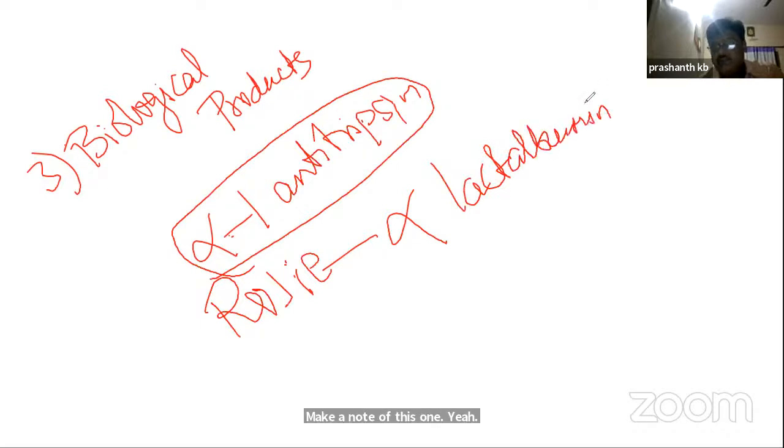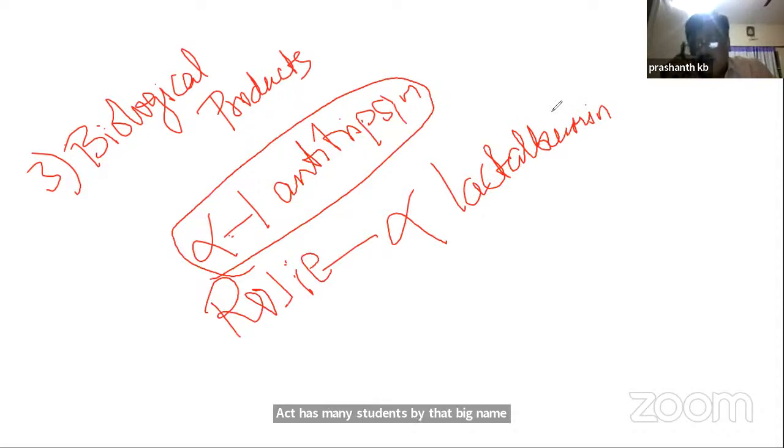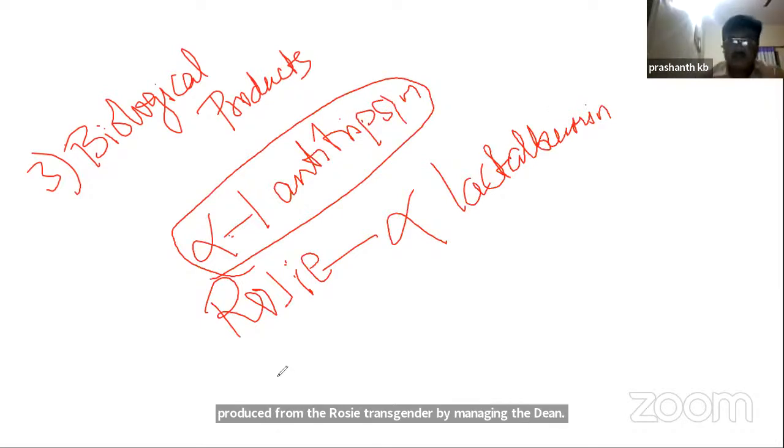This is a milk protein. Normally, alpha-lactalbumin is produced in the milk by a pregnant or newly delivered woman who is breastfeeding. Now, this same alpha-lactalbumin protein was produced by the Rosie transgenic cow by manipulating the DNA. Do you understand? Very important. This is a 1 mark question.